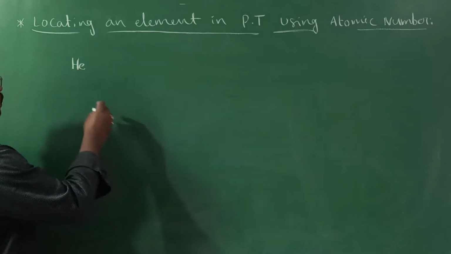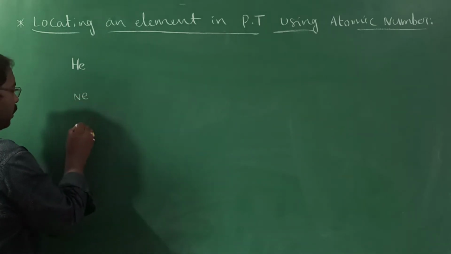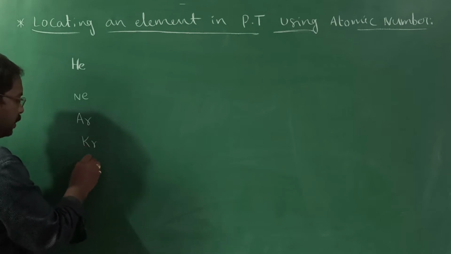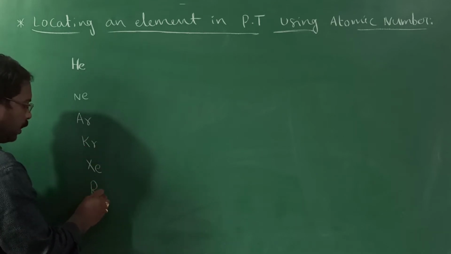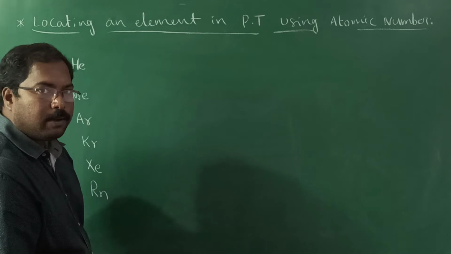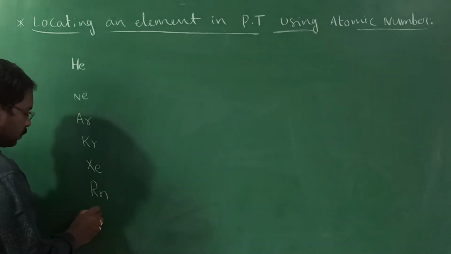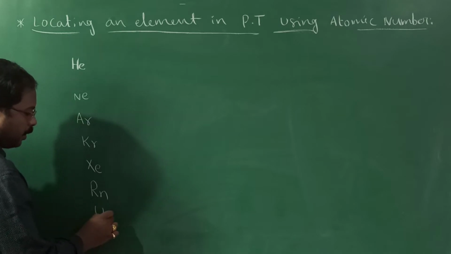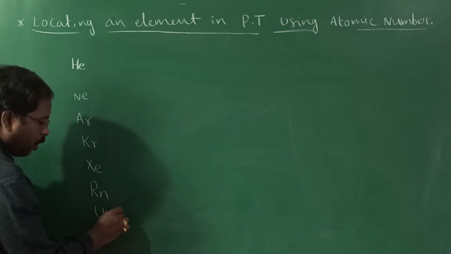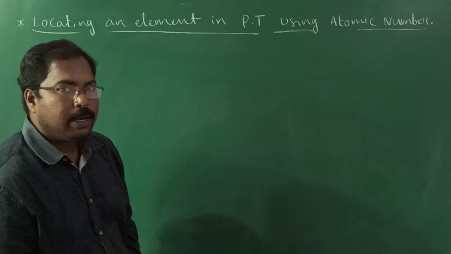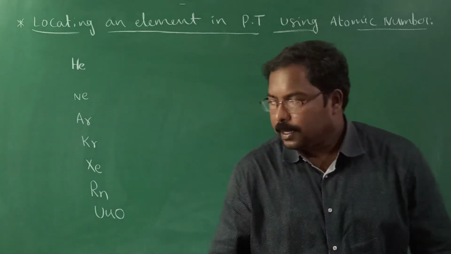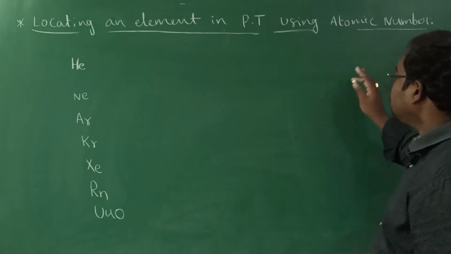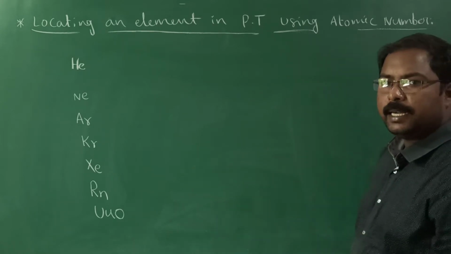Helium, neon, argon, krypton, xenon and radon. Even the 118th element, if you observe, 118, oganesson. So these are the elements present in zero group, the last group of the periodic table.